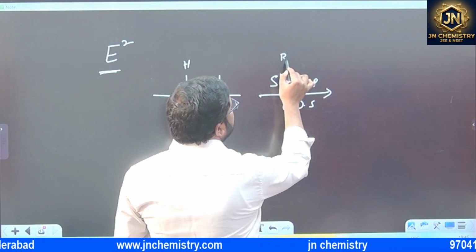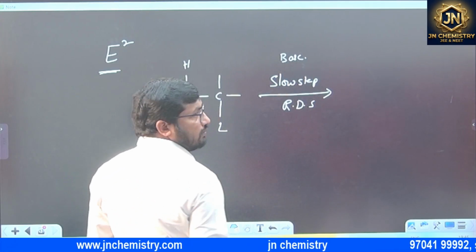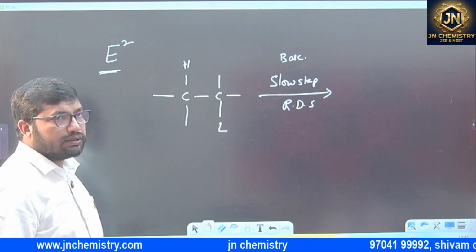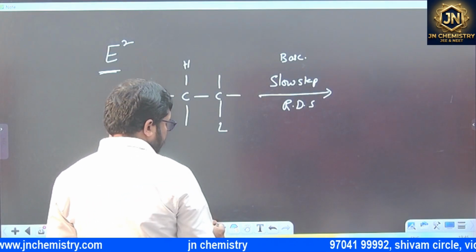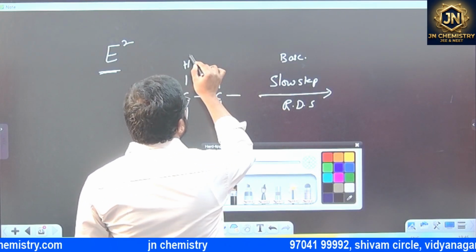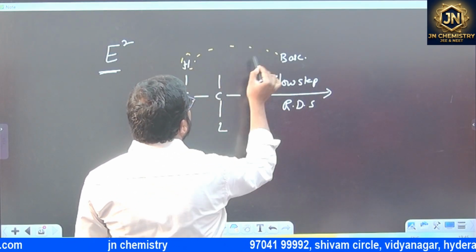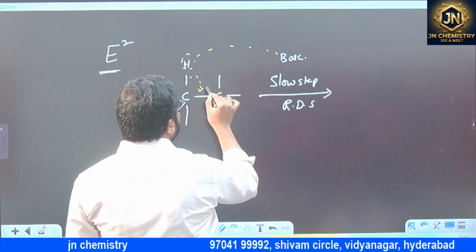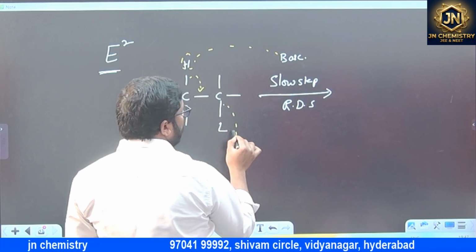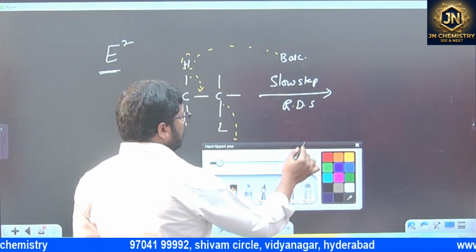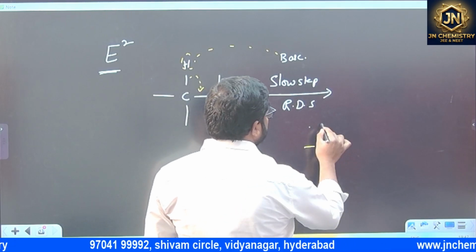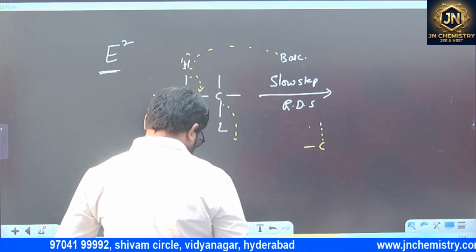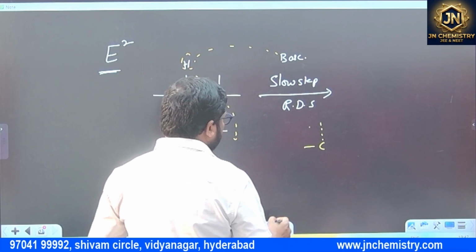So here the base is coming in the same step, whereas earlier the base came in the second step. In this case all are going at a time. The base is coming, taking the hydrogen, this bond is coming over here, and this is going, all at one place, at a time.